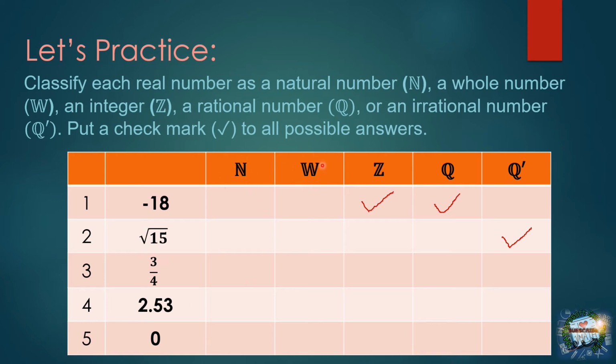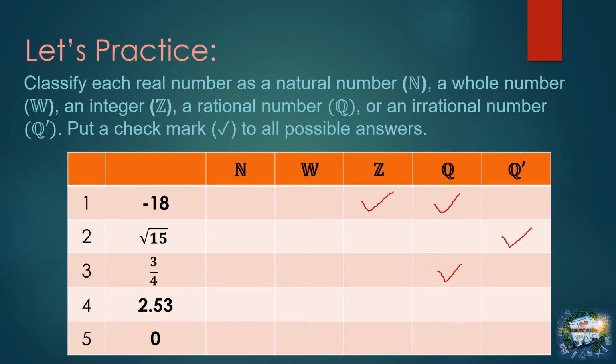No. A whole number? No. An integer? No. It's in fractional form, but it will be considered a rational number because it's in the form a over b. It's a proper fraction, so it's a rational number but not an irrational number.